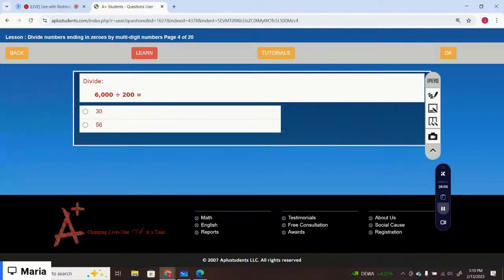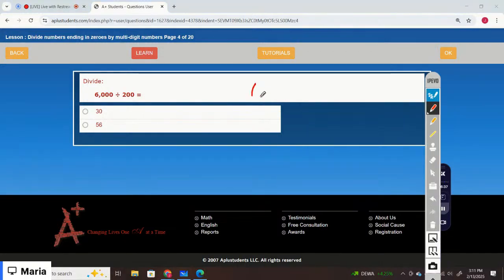6,000 divided by 200, which is the correct option. When you divide the non-zero values, that is 6 divided by 2 is 3.